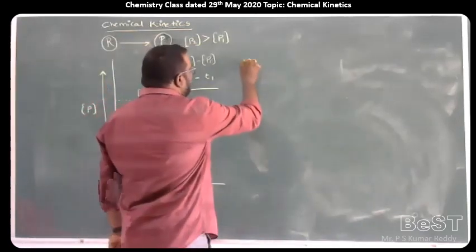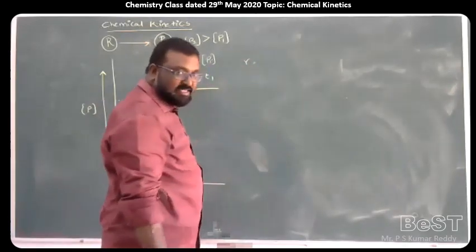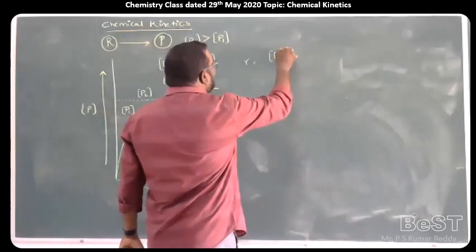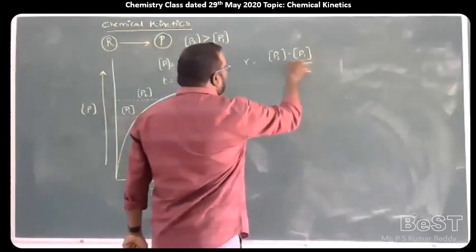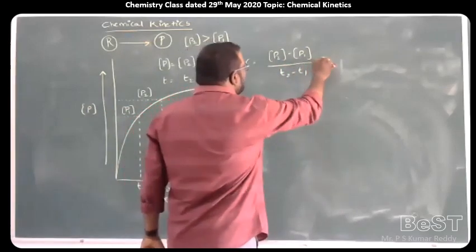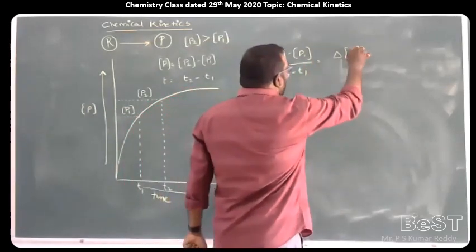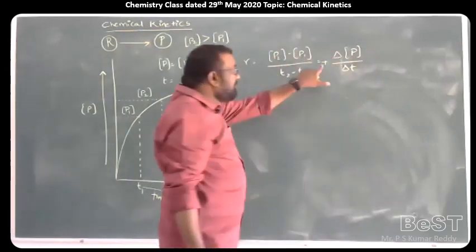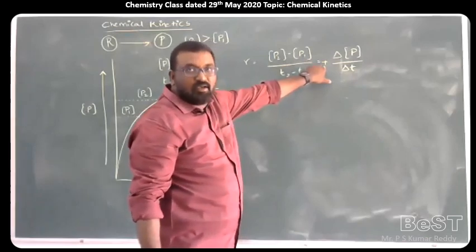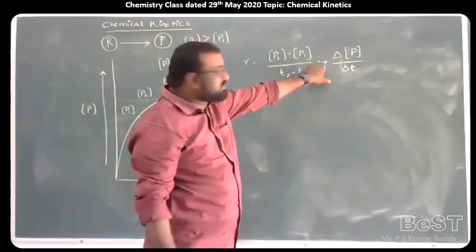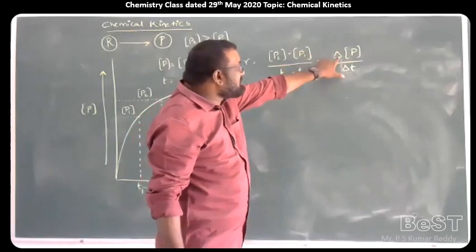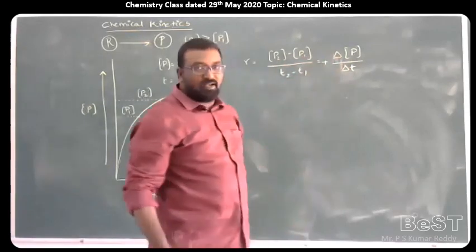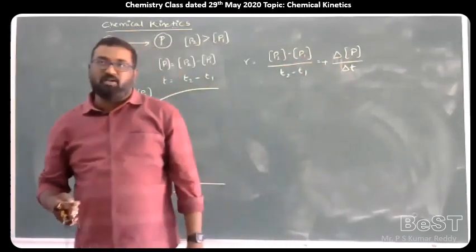Therefore, the average rate of reaction is equal to P2 minus P1 by T2 minus T1, which is equal to delta P by delta T. And this is a positive value because the plus sign says there is an increase in concentration, since we are speaking about the products. Time is also positive, so the rate of reaction will be a positive value only.